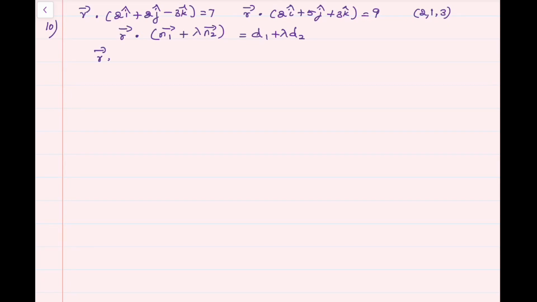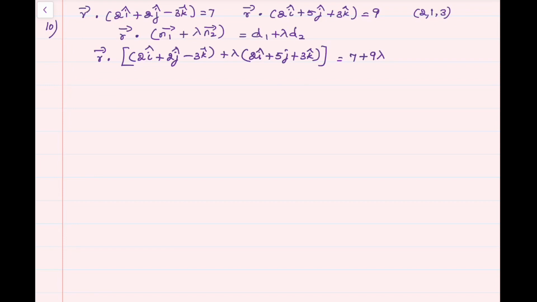Vector r dot n1 vector. From the first plane equation, it is 2i plus 2j minus 3k plus lambda times, and n vector of the second plane is 2i plus 5j plus 3k equal to, constant terms are on the right hand side, no problem here, 7 plus 9 lambda.